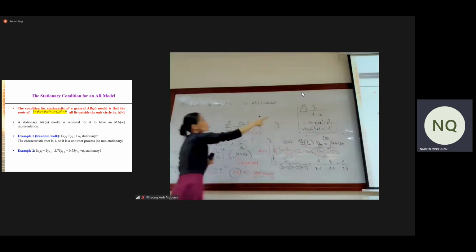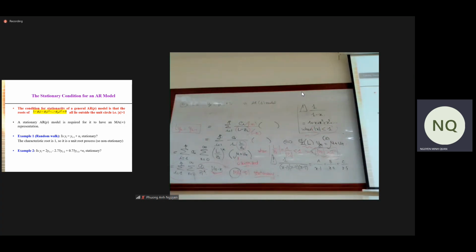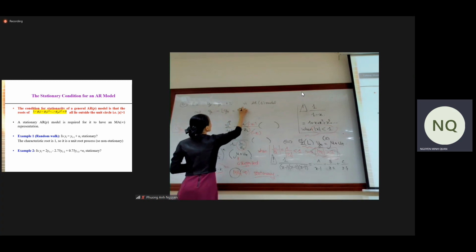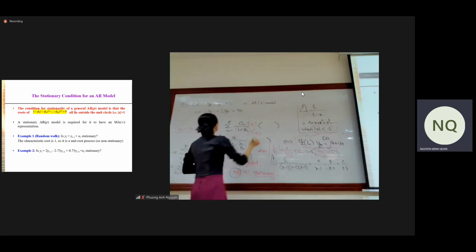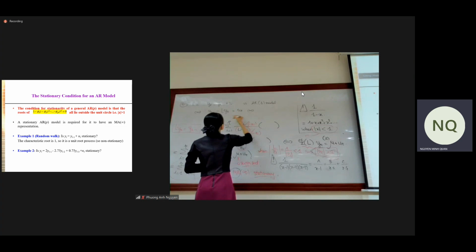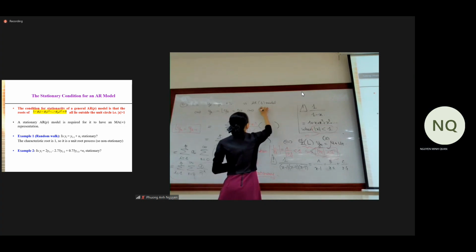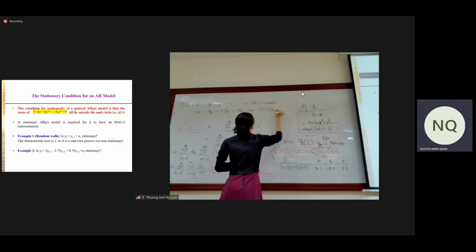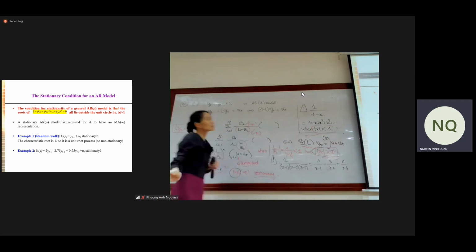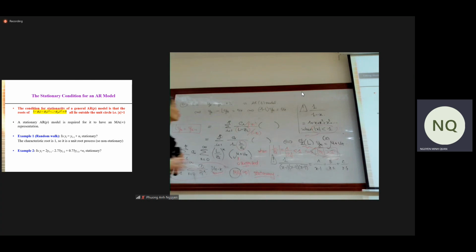Now we know how to check the stationarity of the AR model, using the lag operator. First of all, we transform y_{t-1} to L y_t and move it to the left hand side, giving u_t. The left hand side is now (1 minus L) y_t equals u_t. And then what is phi(L)?